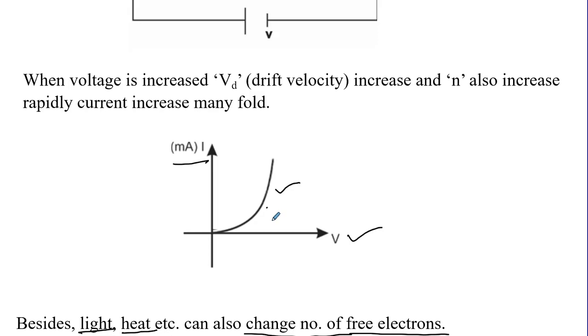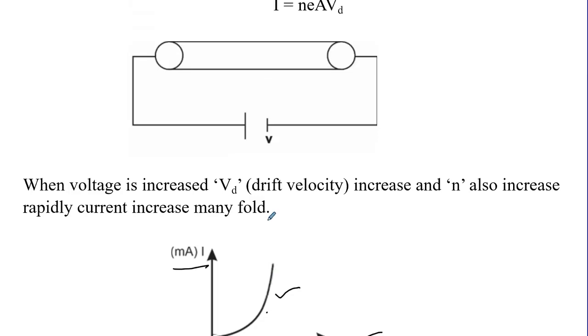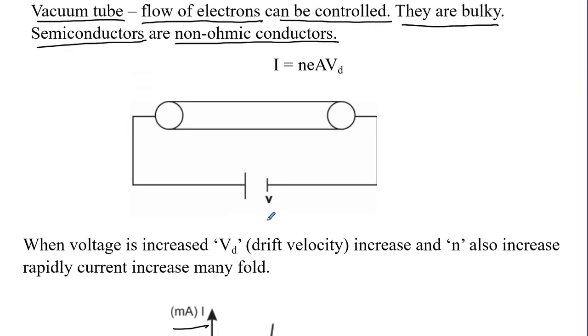Now let us understand how current in a semiconductor changes non-linearly with applied voltage, that is why they are non-ohmic. Say if I change this voltage which is applied across a semiconductor device, then the drift velocity changes linearly with it.